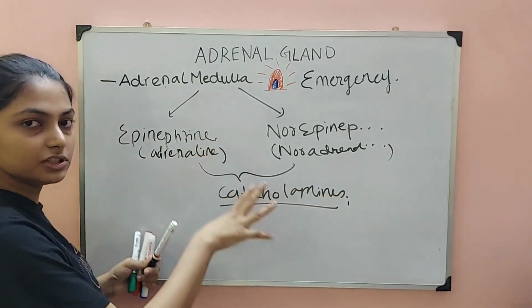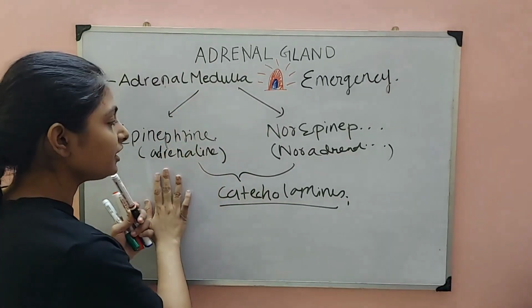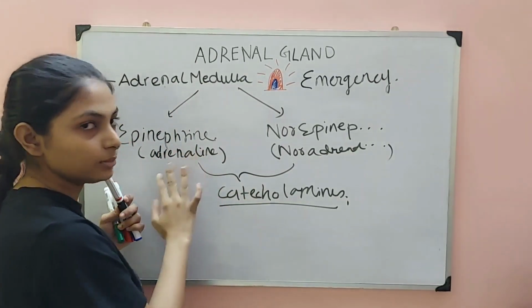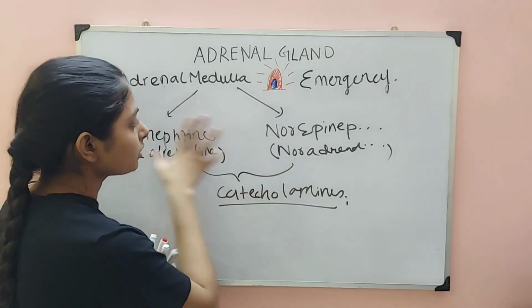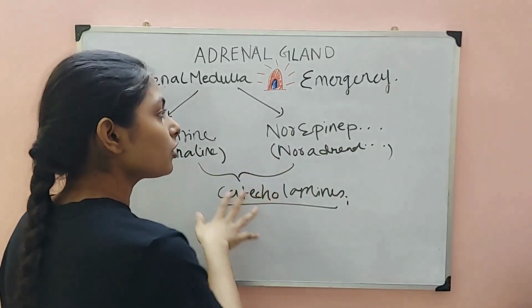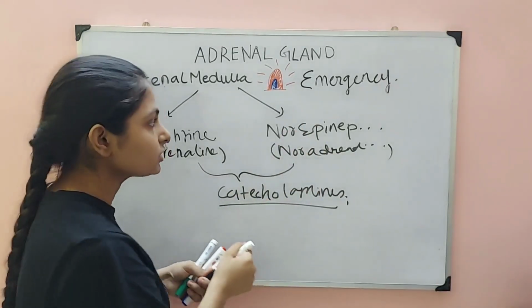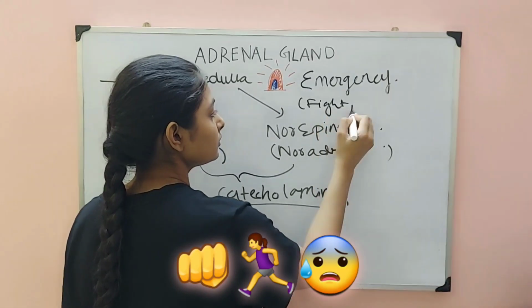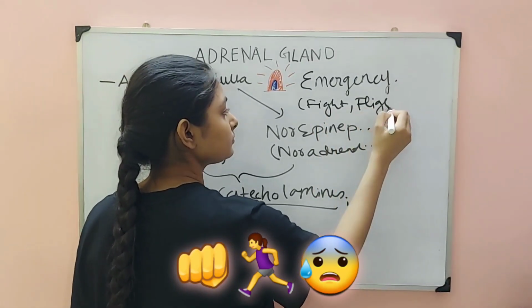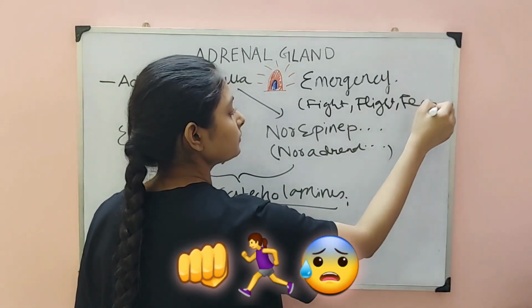So two hormones secreted by the adrenal medulla are epinephrine or adrenaline, and norepinephrine, the other name is noradrenaline. Together they are called catecholamines. These hormones are also called emergency hormones, or the three F's: fight, flight and fear.